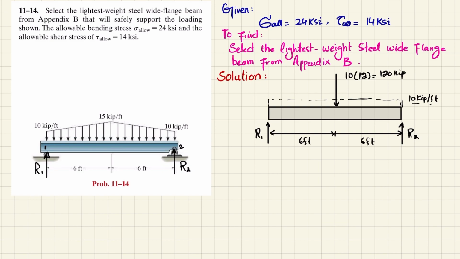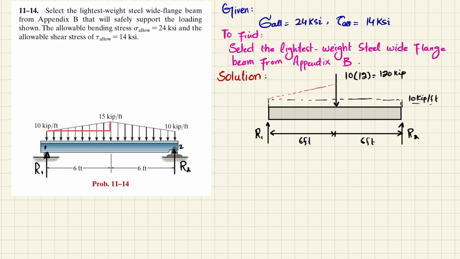Now you have a triangular load, a uniformly increasing load, over a 6-foot length. If I draw it with a triangular dotted line, the magnitude here is 5, because 10 minus 5, so 5 kips per foot.